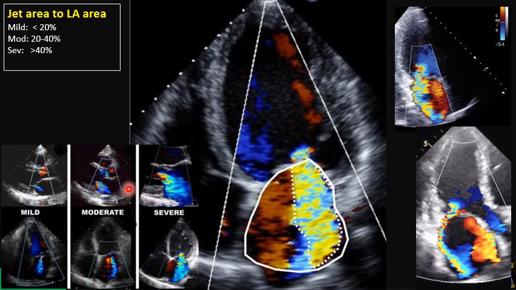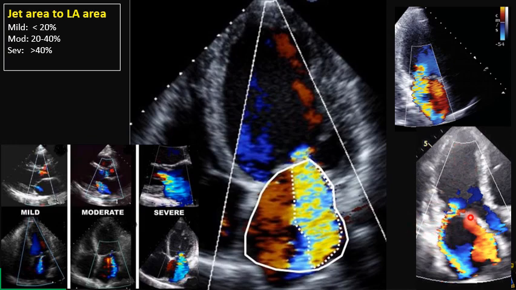But again, don't forget this technique is only for a specific situation, considering the other parameters that I talked about a few minutes ago. For those eccentric jets that we see a lot, we don't judge based on the color jet area, but still you can guess whether the MR is severe or not.